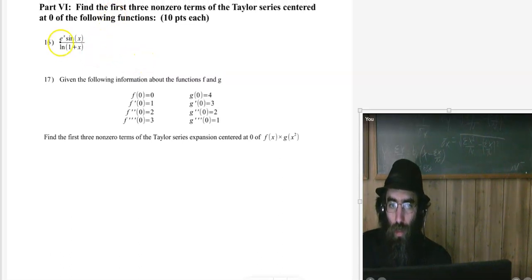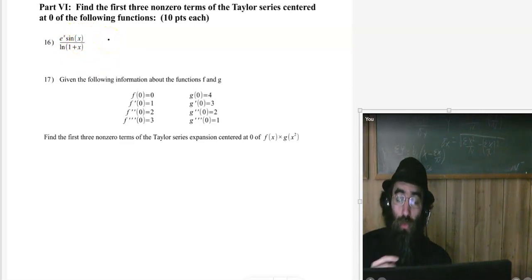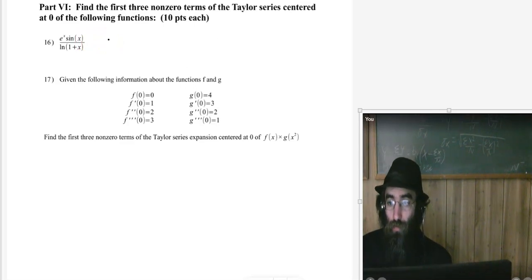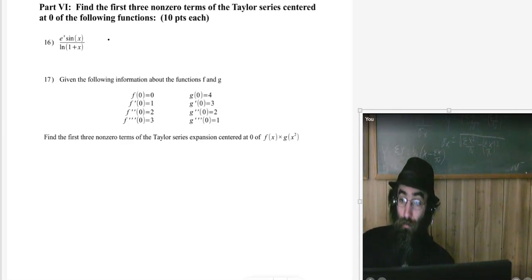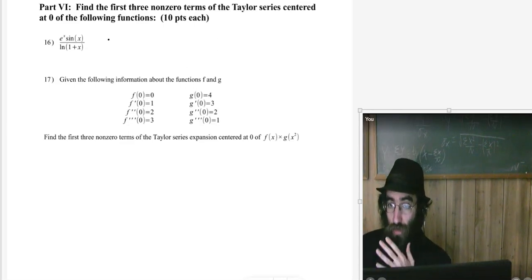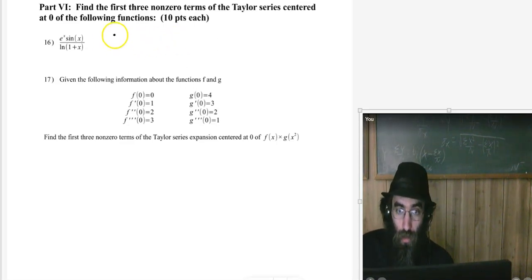But this is a matter of recognizing known Taylor series and expanding them out. And also realizing I'm going to start with a 1. Anytime I go beyond an x squared, I can just stop in my Taylor series and work with that later. So for e to the x, I've got 1 plus x plus x squared over 2, dot dot dot.